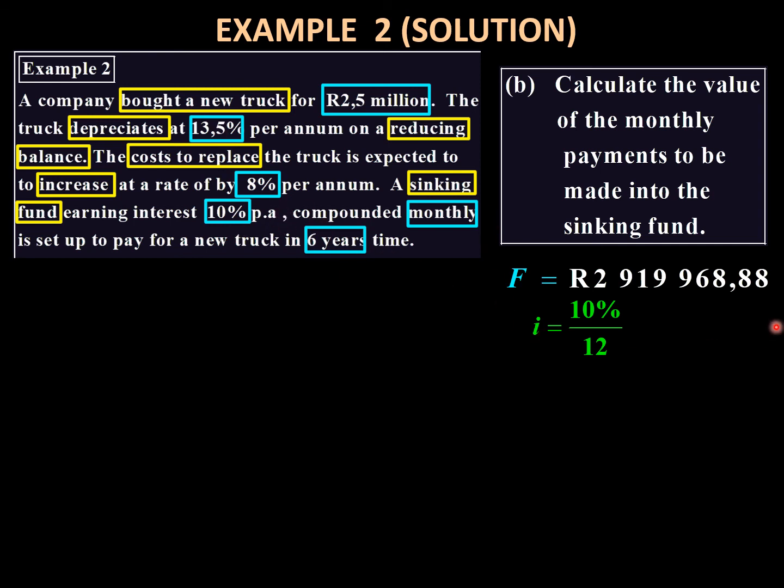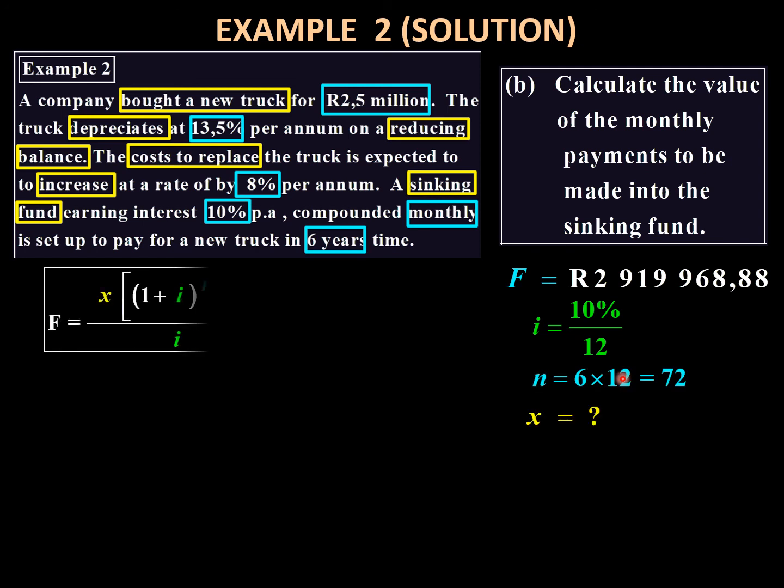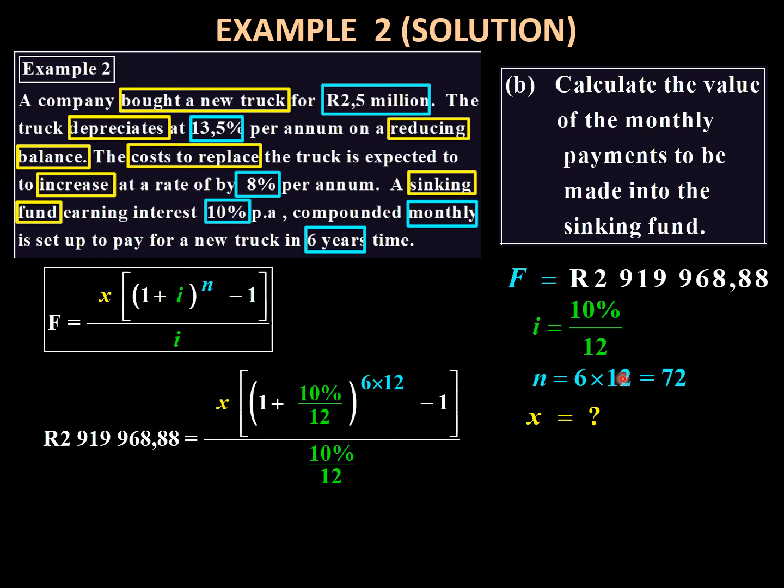Be careful that you do not use the wrong interest rate there. We want to find the value of the payment, so that's X. There's my future value. Make sure it's the future, not the present value. We do a direct substitution, and calculating the value of X should now be easy.